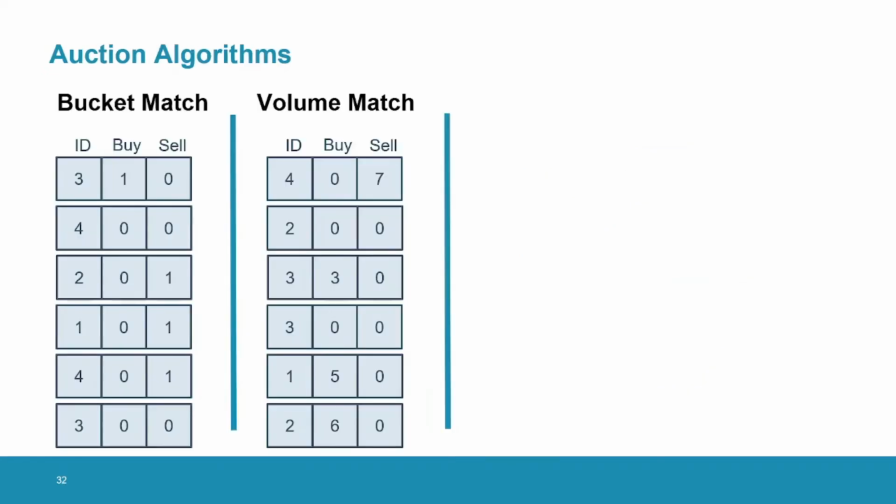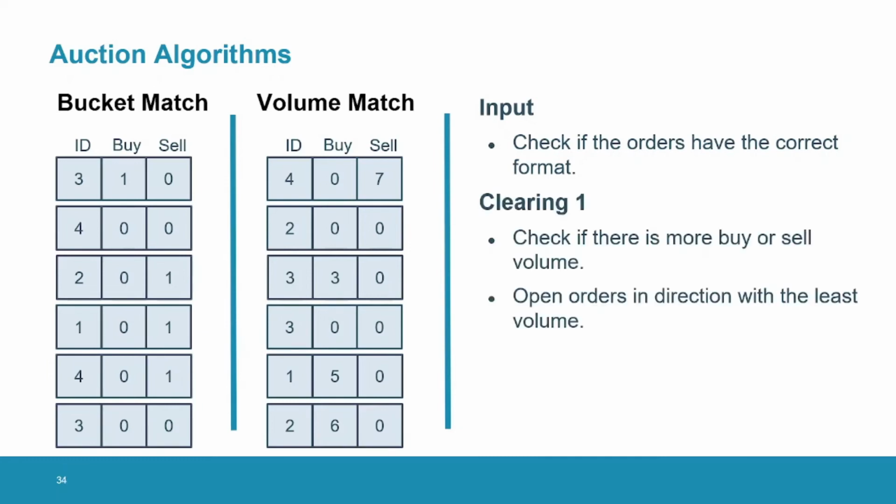Now we'll see how the orders are matched, and to explain it, I'll use this example here. So the first step is the input correctness check, which I'm assuming that all of these orders in this list have already passed. So all of these orders are in the correct format. And then to match the orders, we'll first have a clearing phase one.